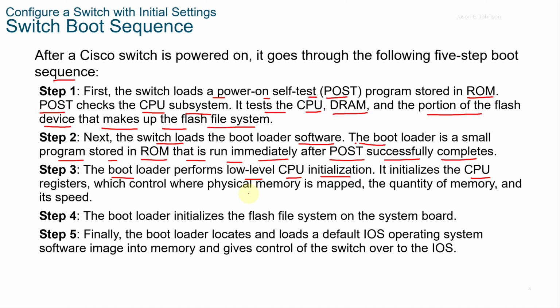It initializes the CPU registers, which control which physical memory is mapped, the quantity of memory, and its speed. And then on the fourth step, the bootloader initializes the flash file system of the system board. And finally, the bootloader locates and loads a default IOS operating system, which is put into memory, and it gives control of the switch over to the IOS.